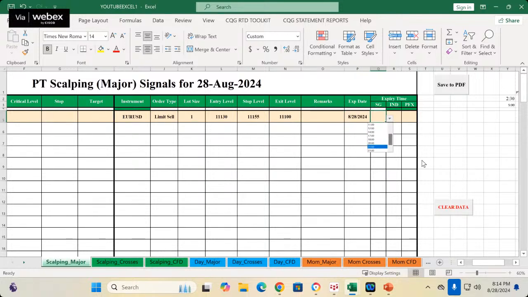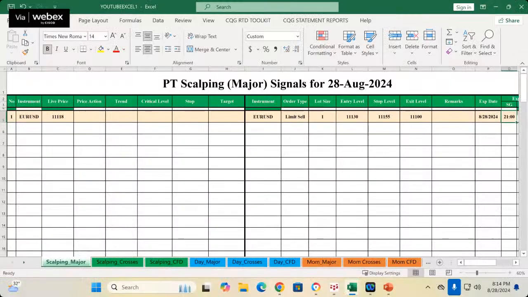That means within another 45 minutes I should be getting my order filled, and within the next 2 hours I should be getting this trade to get filled and book profit. So you can trade with confidence with all the information.